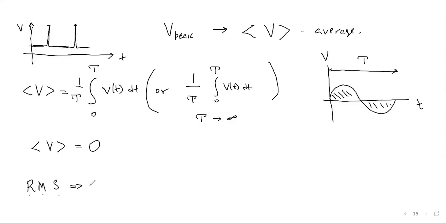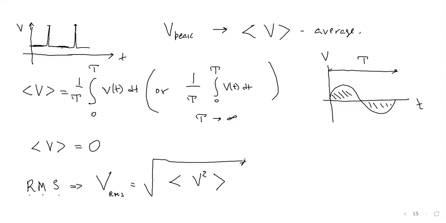So this V RMS is defined like this: you take the average of the signal squared. Because you make it square, it's going to be always positive.